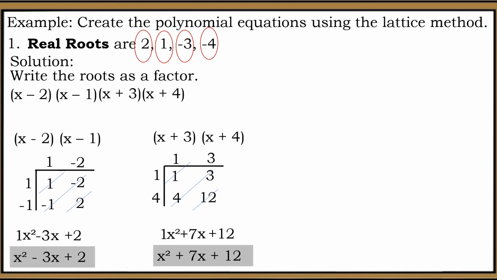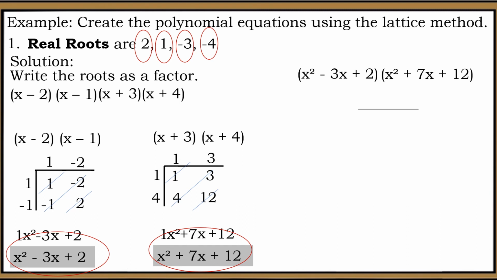So, yung result or yung product ng dalawang minultiply natin, yun naman ngayon yung imumultiply natin using the lattice method. So, x squared minus 3x plus 2 times x squared plus 7x plus 12. So, using the lattice method, let us write the coefficient of each term. 1, -3, +2.